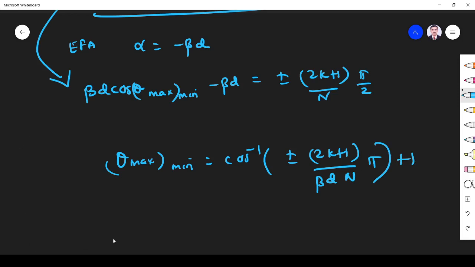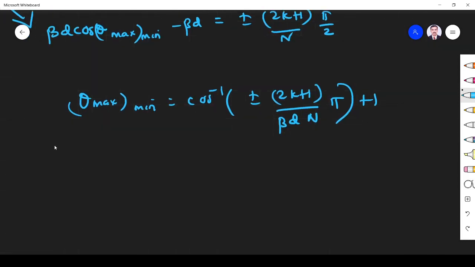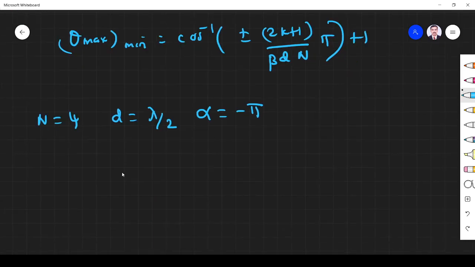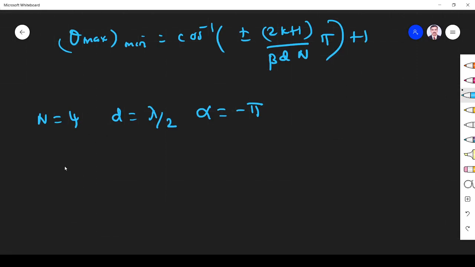So this is the minor lobe maximum. For example, I take an n equals 4 element array, the elements separated by a distance of lambda by 2, and the progressive phase shift alpha equal to minus pi. I substitute those values here.